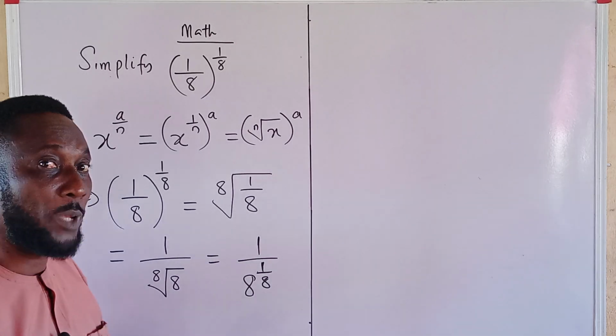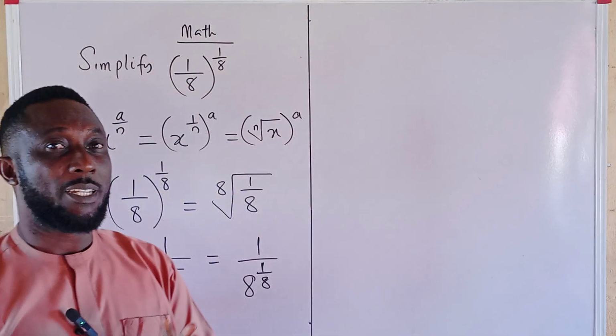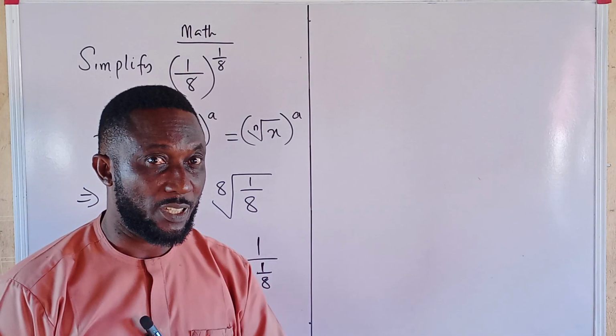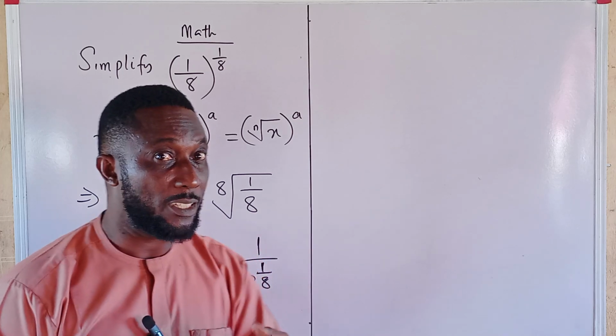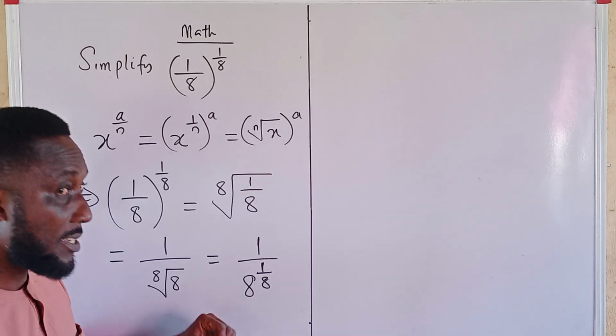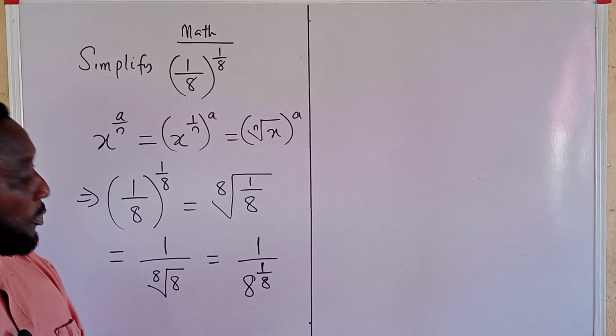Now, why is this problem peculiar? I have done a video on the rationalization of general surdic expressions. That is very vital in arriving at a solution to this particular problem. 8 is a number that can be expressed in base 2, which is 2 cubed.